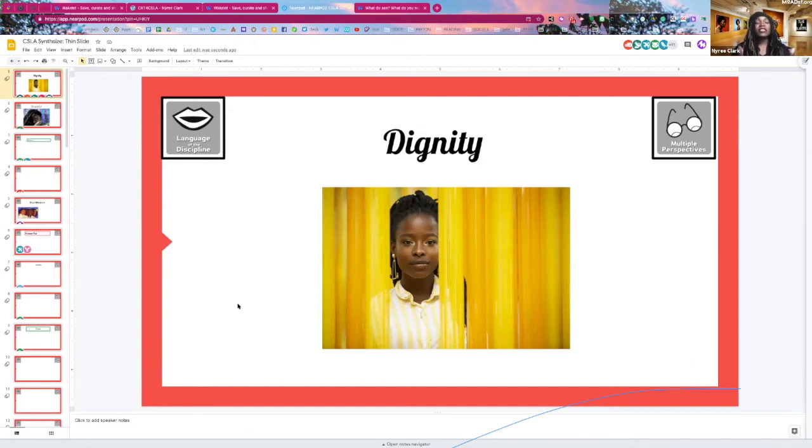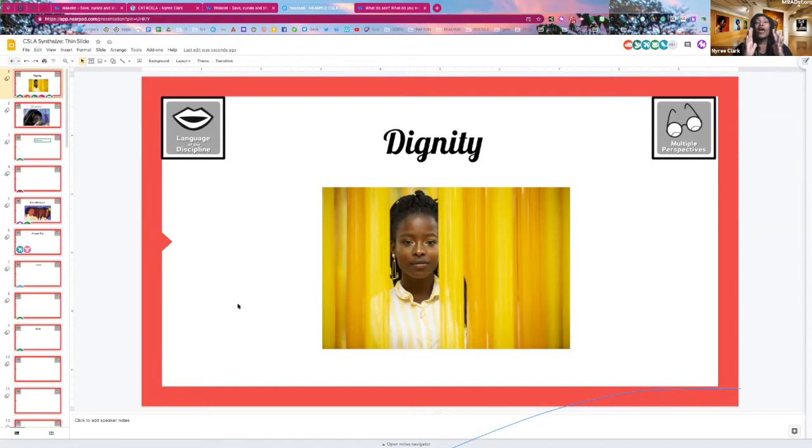For this slideshow, add one picture that signifies what Black history means to you and one word. I probably should have written this in the directions. In the picture that you see here, there's a picture of a person and the word is dignity. So what does Black history mean to you? An image and one word.